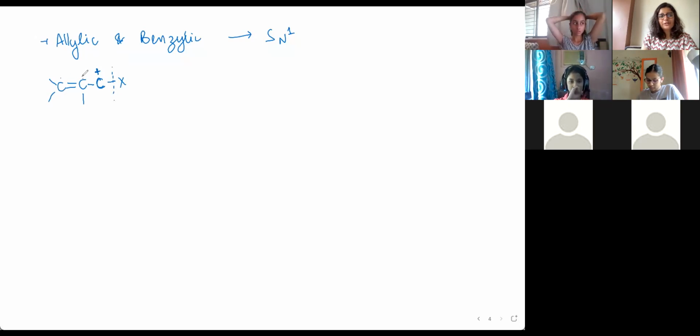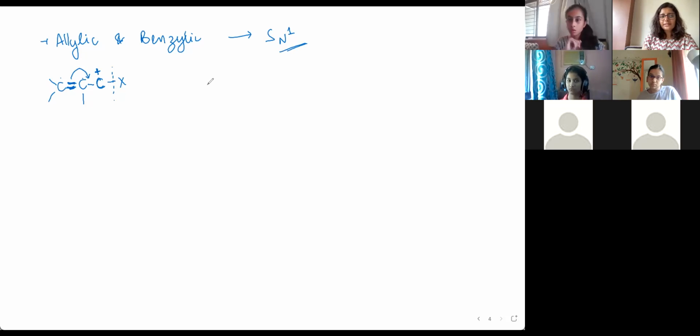You have sp2, sp2, sp2, pi electrons in the p orbital, and here there is an empty p orbital, so this bond can keep shifting here and there. So there is resonance stabilization, which is why, even though this looks primary, because of these pi electrons it will prefer going through the SN1 mechanism.